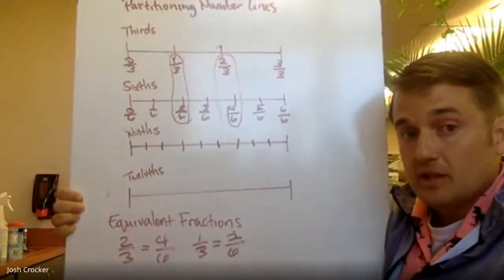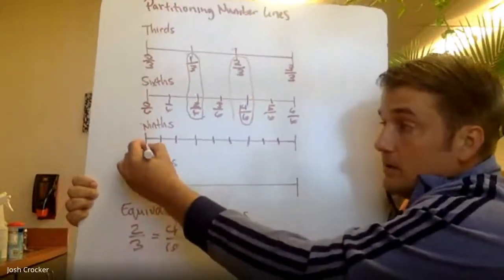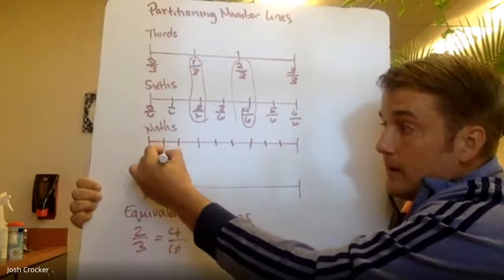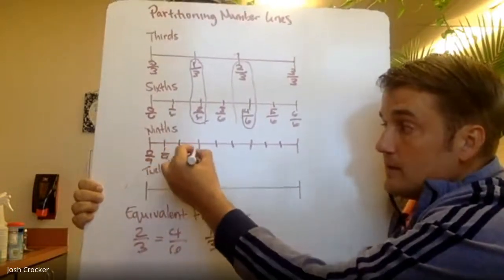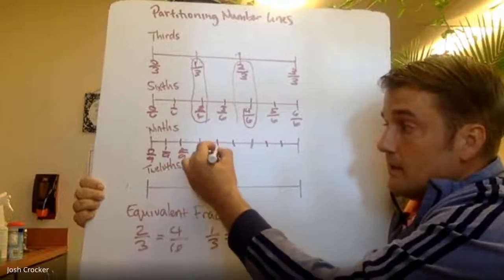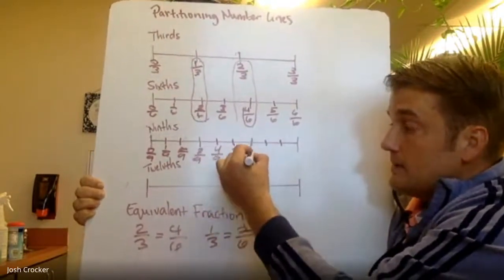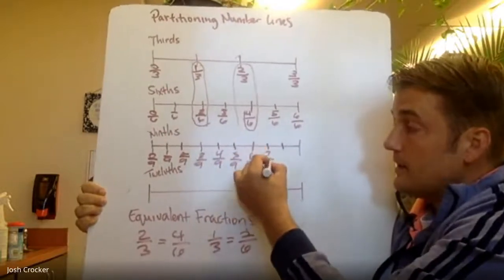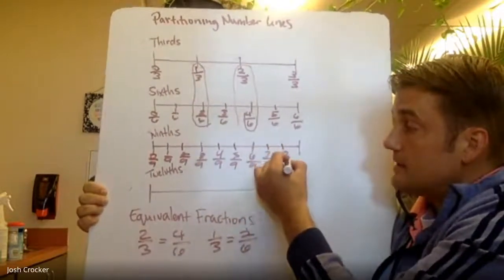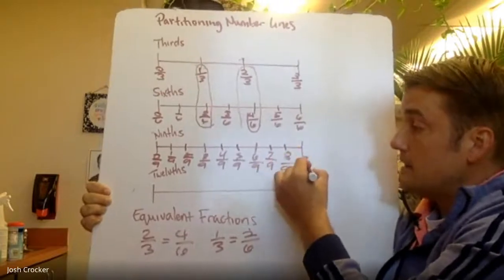And that should give me 9. So 0/9, 1/9, 2/9, 3/9, 4/9, 5/9, 6/9, 7/9, 8/9, 9/9.